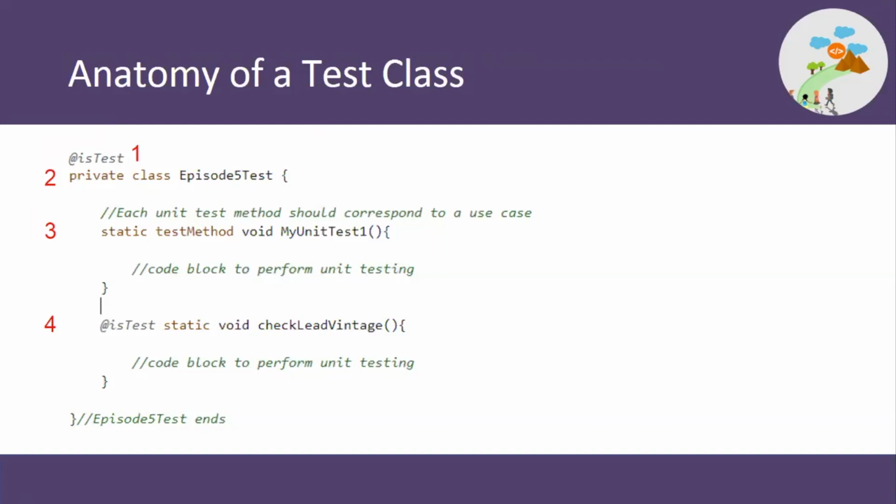But after API version 28.0, Salesforce stopped permitting that. What they now enforce is that every developer is supposed to write a separate unit test class. You cannot include unit test methods within a regular Apex class which contains business logic.